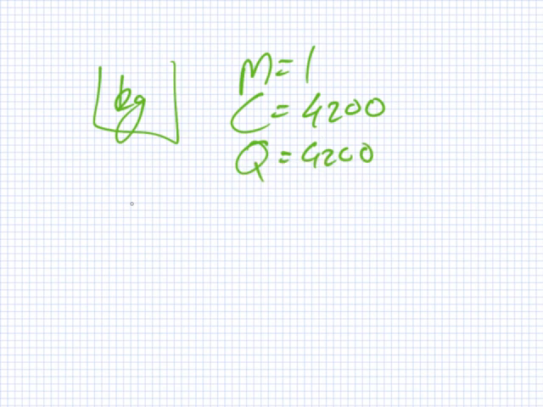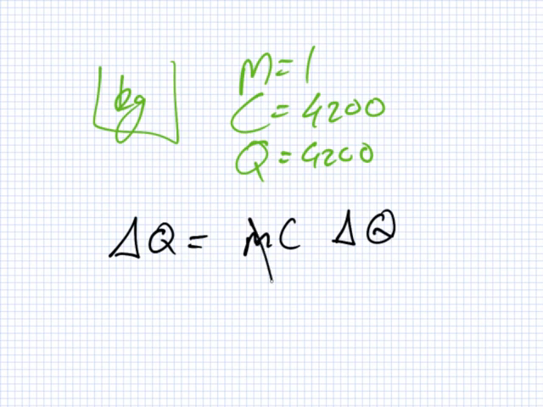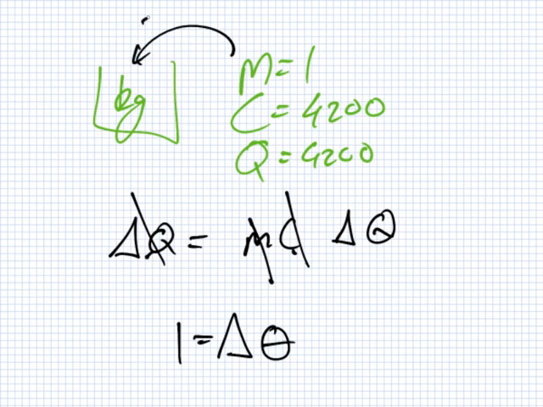So from the formula, delta Q equals MC delta theta, the M is 1, this is 4,200, this is 4,200, so you end up with 1 equals delta theta. So if you put 4,200 joules in, the temperature will go up by 1 degree.